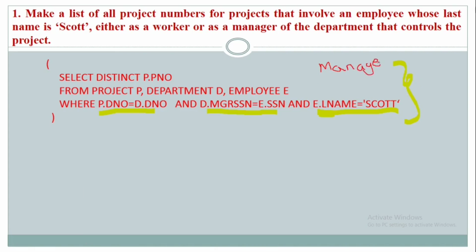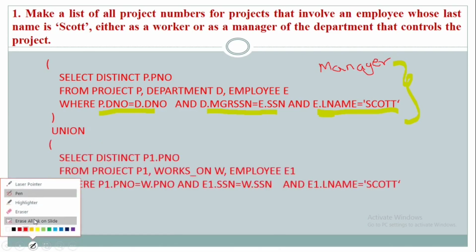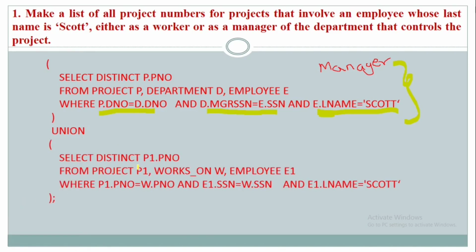Now the next subquery, using the union operation, returns those project numbers where Scott is just a worker. How will I find whether Scott is a worker?